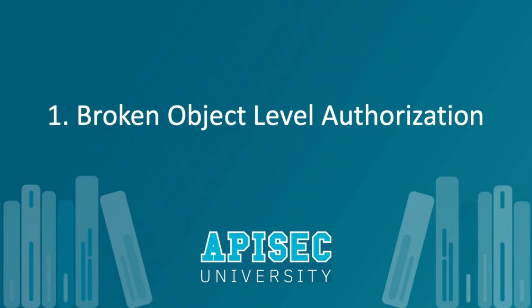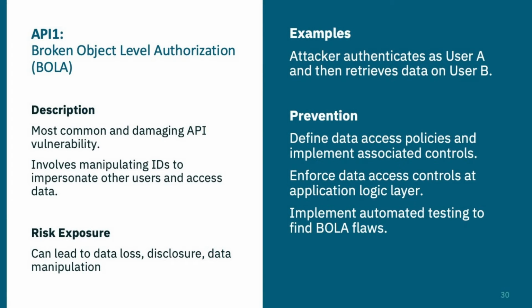So starting with number one, broken object level authorization. As we've discussed, there's a reason why it's number one on the list. It's the most common and the most damaging, frankly, of the API top 10 items. It involves manipulating IDs, gaining access to records that do not belong to you.